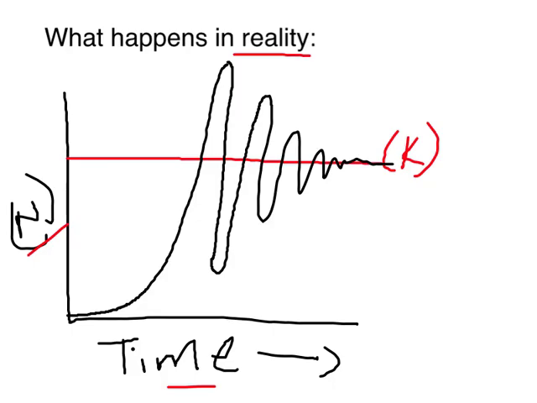Because carrying capacity can't be calculated, the way that populations find carrying capacity is by oscillating, in other words, moving up and down, above and below carrying capacity, and leveling out at carrying capacity. If the carrying capacity changes, then the population goes back through this process again until it refines carrying capacity. So those models are all well and good, but they actually don't even really explain what happens in reality.